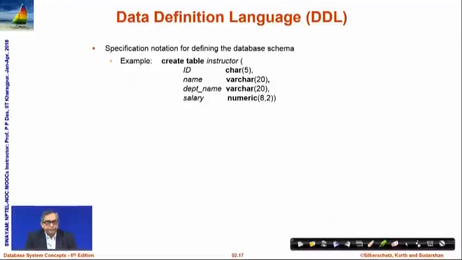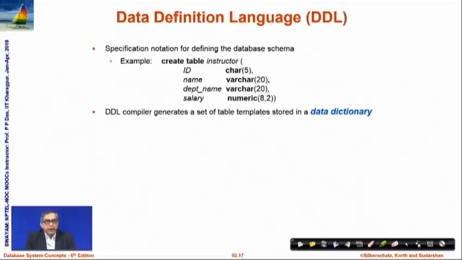And similarly, salary will be numeric data going up to 8 figures and having a decimal part of 2 digits. This way of defining the schema in terms of the different attributes and their types, or columns in the table, or trying to define the structure of that table, is the main purpose of the data definition language.